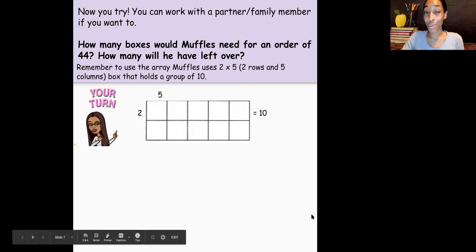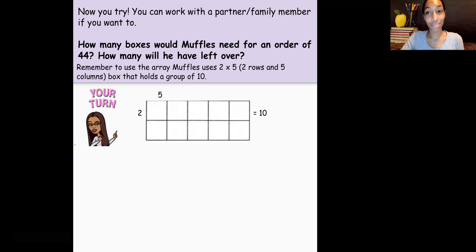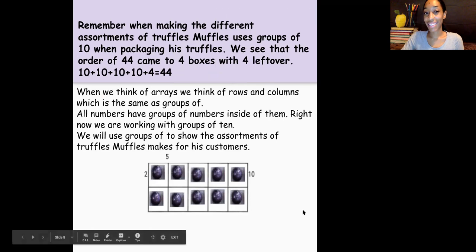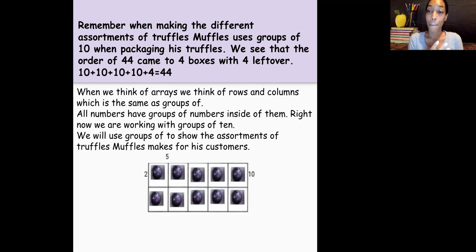All right, welcome back. How did it go? What did you come up with? You should have come up with 4 boxes of 10, or 4 groups of 10, with 4 singles remaining or left over. So that was a box of 10, 2 boxes of 10, 3 boxes of 10, 4 boxes of 10.